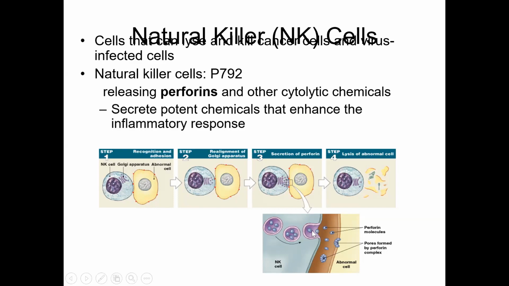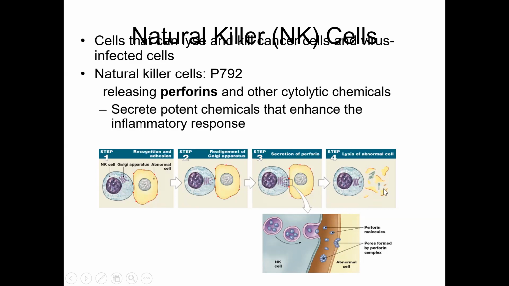Right here, when this natural killer cell is very close to the abnormal cell, it starts releasing a chemical protein called perforin. Perforin, this substance, is going to form pores on the abnormal cell, making pinched holes in it, and then destroy the cell.